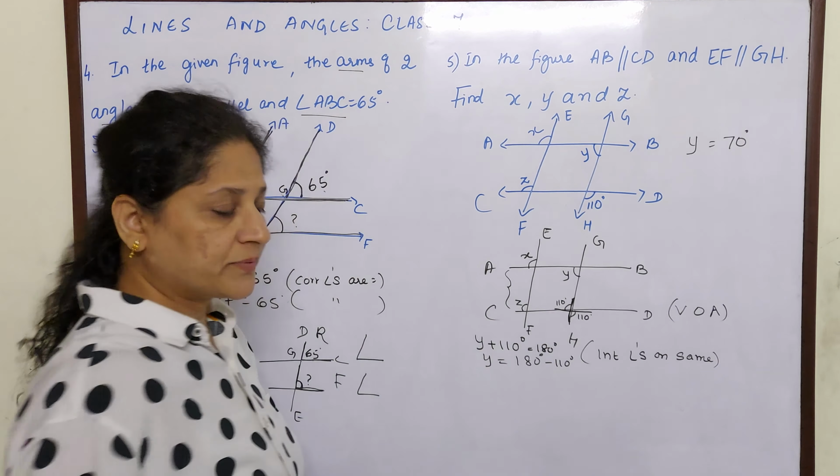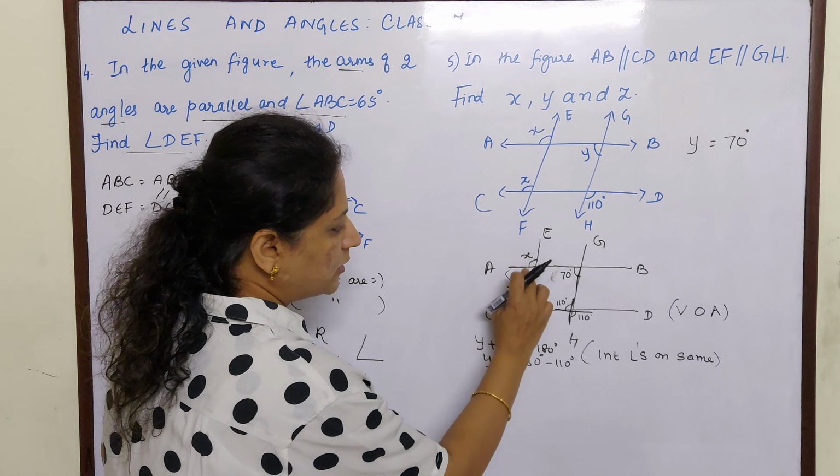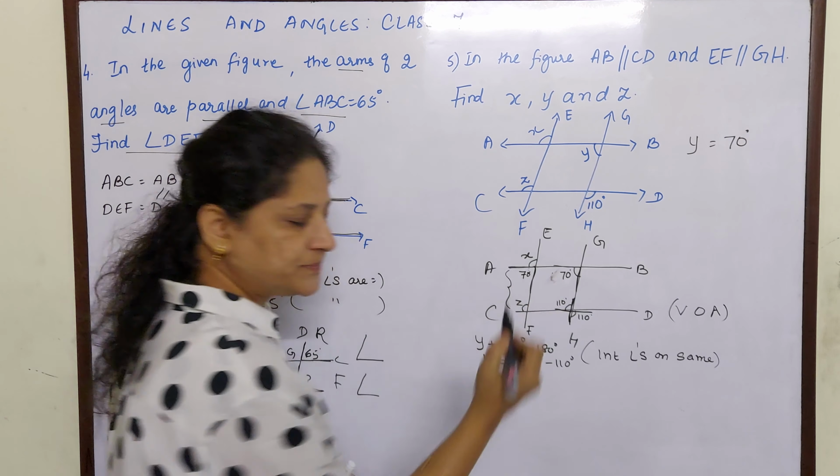So what will be this? Let me name it as W. It is forming the same pattern, sloping line and then coming down. Both are below the line on the same side. So W also becomes 70.